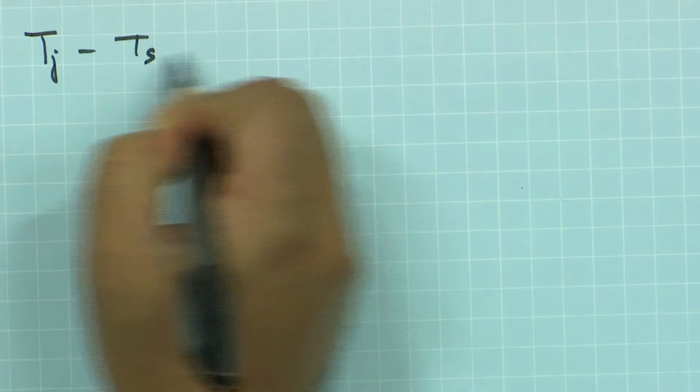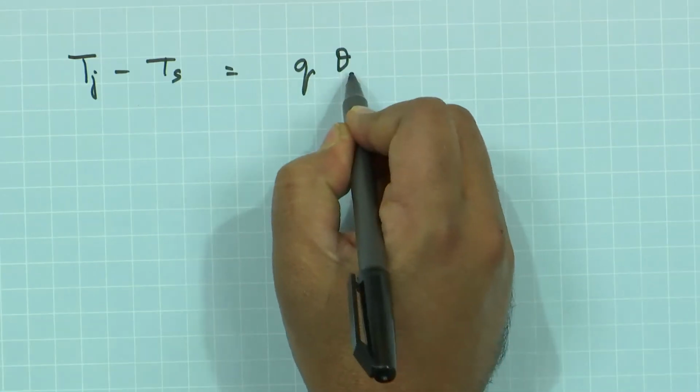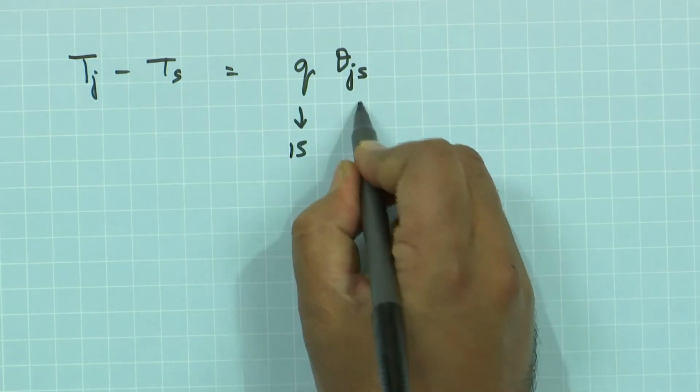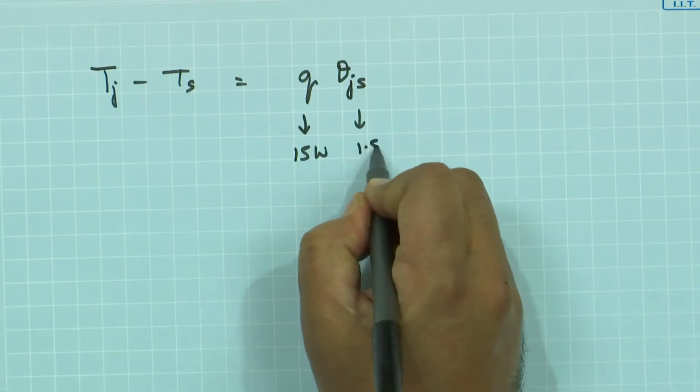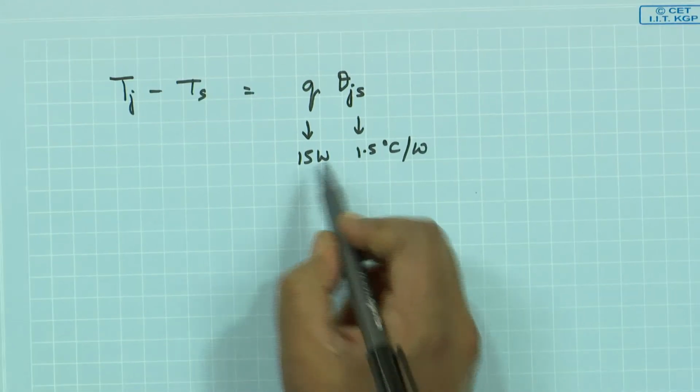Tj minus T sink is going to be Q times theta junction to sink. Q is given as 15 watts, this is given as 1.5 degrees C per watt. How much is it? 22.5.